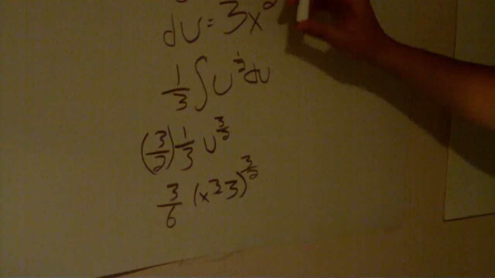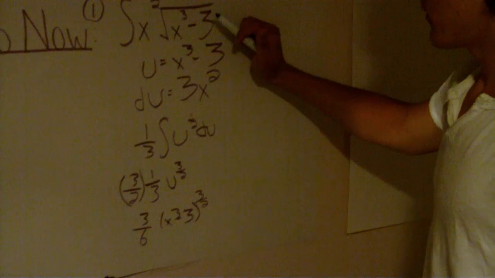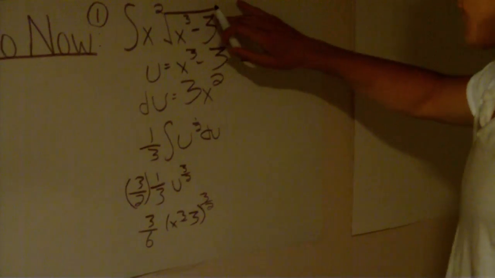So what do we know about u-du substitution? First you have to write down the u and the du. U is the one inside the parentheses, so you take out the one inside the radical.